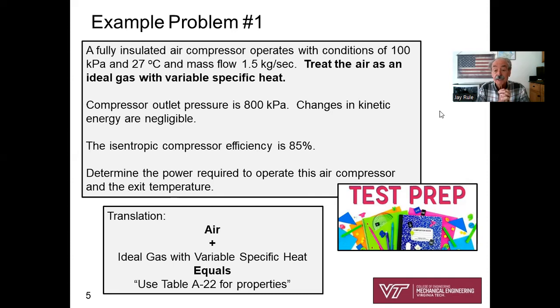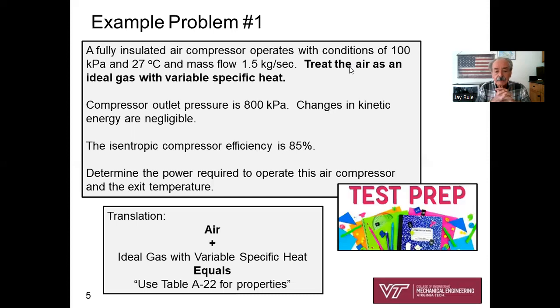So let's look at what's given and how you would attack this problem if it were a test problem. A fully insulated air compressor has inlet conditions 100 kPa and 27 degrees C. Wow, that sounds a lot like ambient air, doesn't it? And a mass flow of 1.5 kilograms per second. We want to treat the air as an ideal gas with variable specific heat.